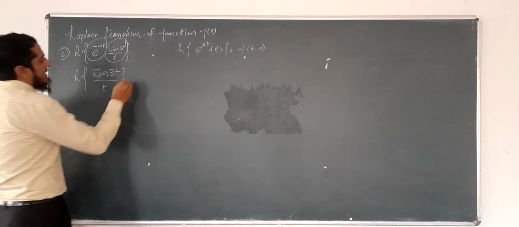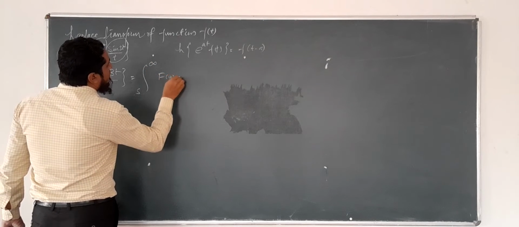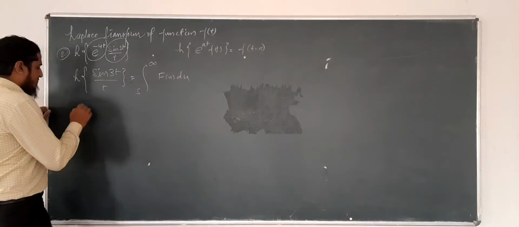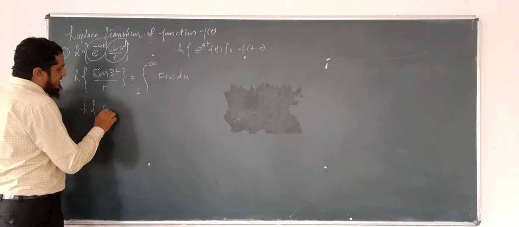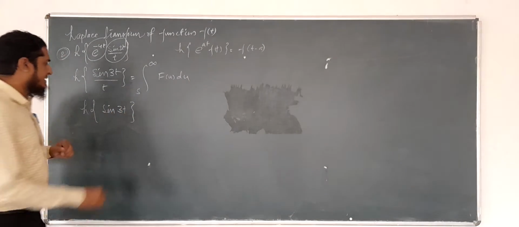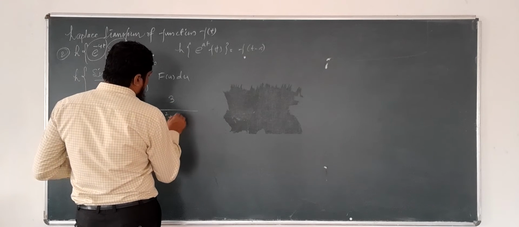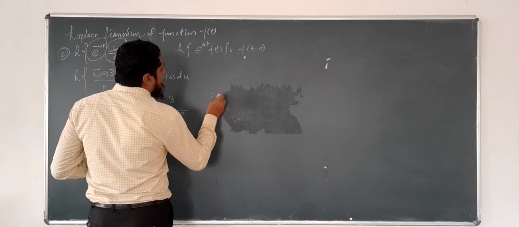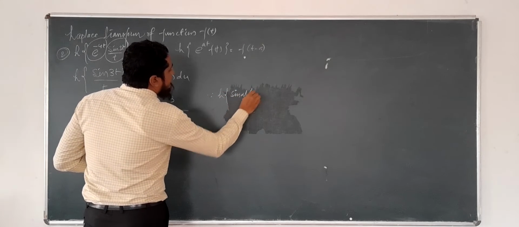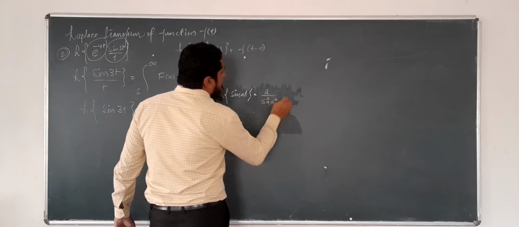We know that we will get integration from s to infinity of F of u du, where F of u is the Laplace transform of sin 3t. So find the Laplace transform of sin 3t. We will get the Laplace transform of sin 3t equals 3 upon s square plus 3 square, since we know that the Laplace transform of sin at is equal to a upon s square plus a square.